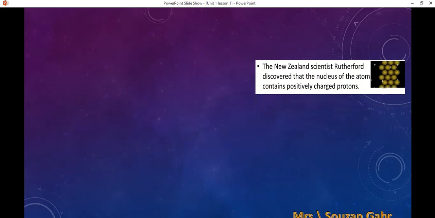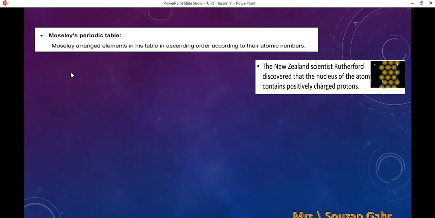Rutherford discovered the nucleus of the atom. The nucleus of the atom contains the positive charge of protons. Then Moseley periodic table. Moseley arranged the elements in ascending order according to atomic number.